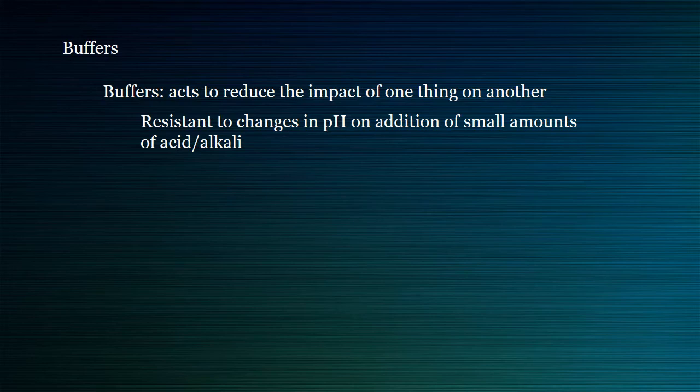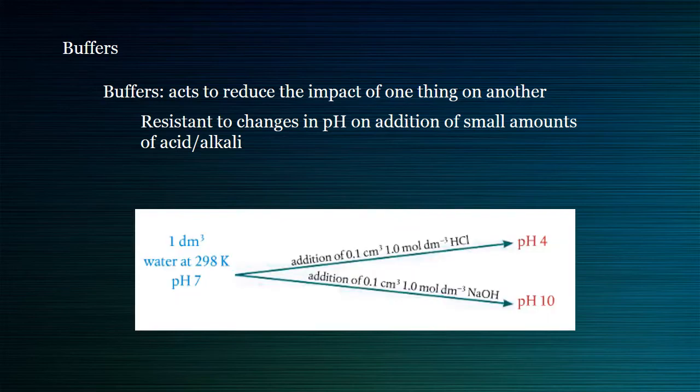The reason buffers have to exist is if you have a system without a buffer. So we have water, pH is 7, 298 Kelvin. Let's say we add a strong acid, HCl. I could have thrown HNO3 or H2SO4 in here, which is part of acid deposition. We're only going to add 1 milliliter, so 1 centimeter cubed of a 1 molar solution, and it's going to drop that pH of 7 to a pH of 4.